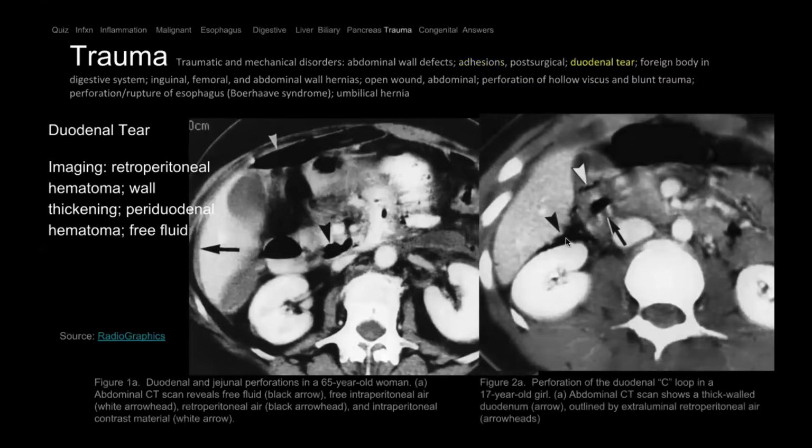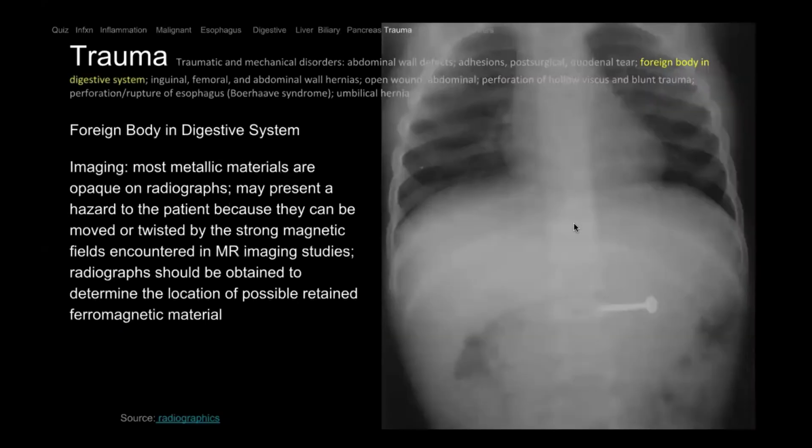And here we have air in the Morrison's pouch. That's abnormal, and this is the duodenum, so that's retroperitoneum. I'm sorry, I take that back. Morrison's pouch is not retroperitoneum, it's intraperitoneal. But anyway, we have bowel injury causing free air, and patients need to go into surgery right away to fix the bowel injury.